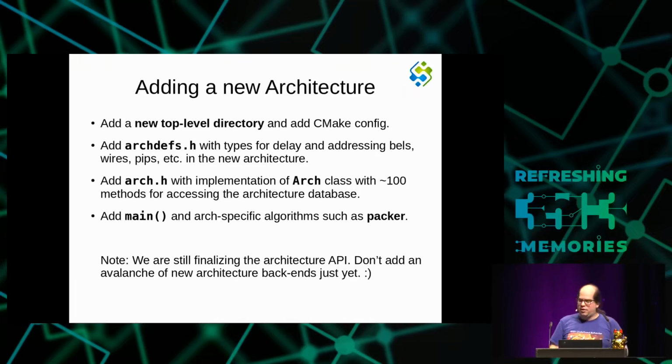Because of that, we are trying to implement one architecture after the other rather slowly, but we also want to cover a lot of different spots in the overall FPGA design space so that we are sure that we have all the functionality in place by the time we say, okay, this is now the frozen 1.0 version of this API.